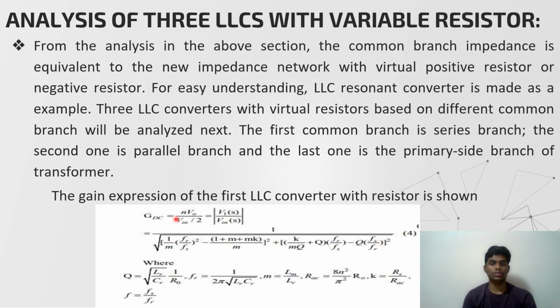GDC is equal to N·V0 divided by Vin/2, which is equal to the modulus of V1S divided by the total voltage of the total circuit.